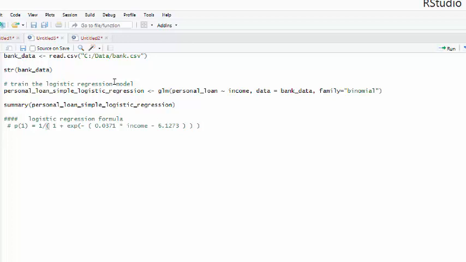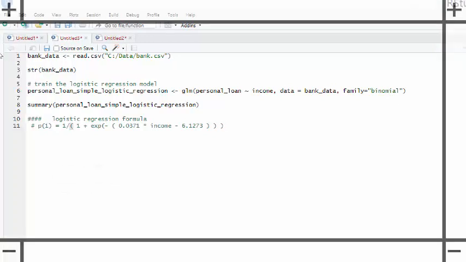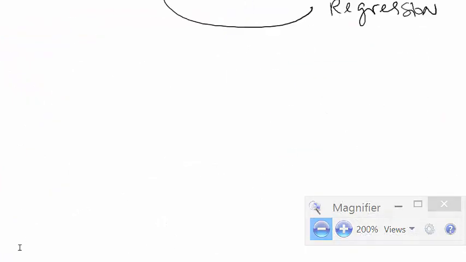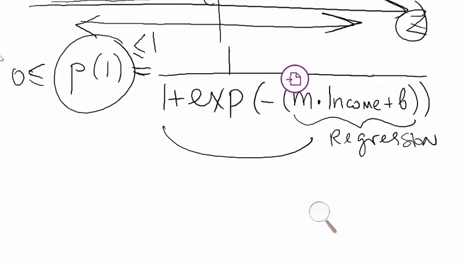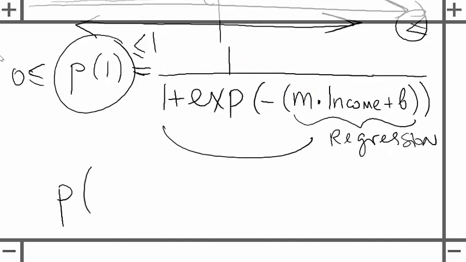Let me actually write that out over here, because it doesn't look that pretty. So my logistic function looks like this.